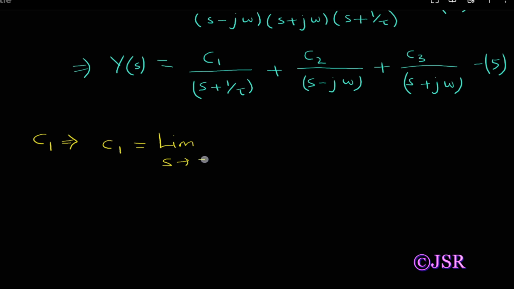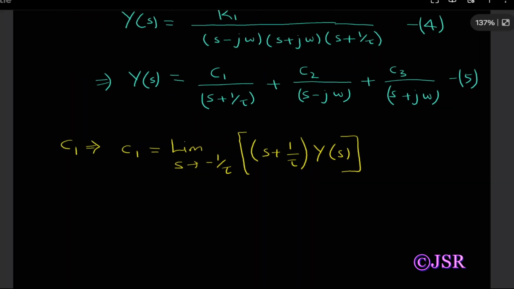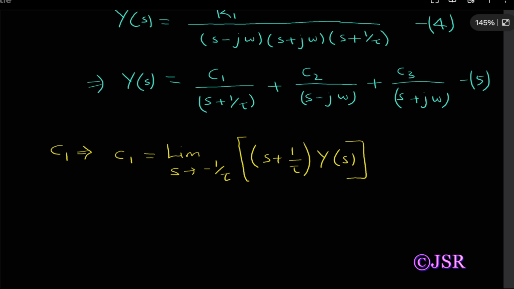To calculate C1, we have to use limit s tends to minus 1 by tau of the denominator of the first term, that is s plus 1 by tau, multiplied with y of s, and y of s is given by equation number 4.